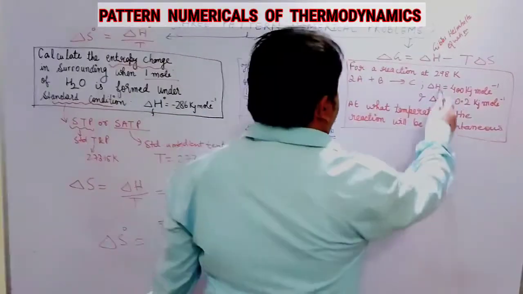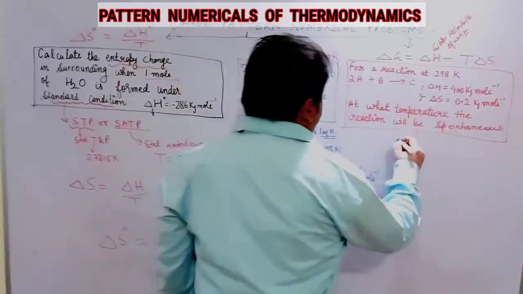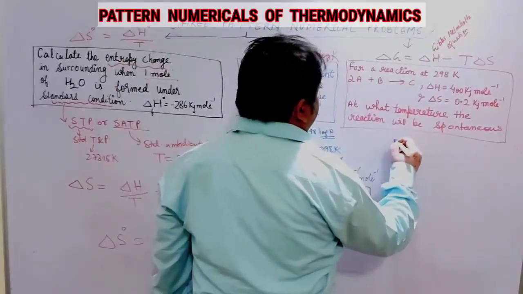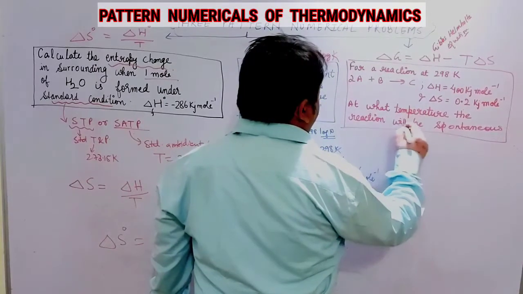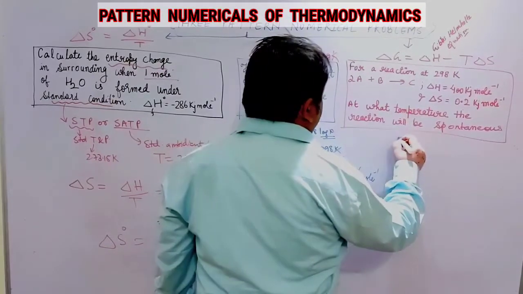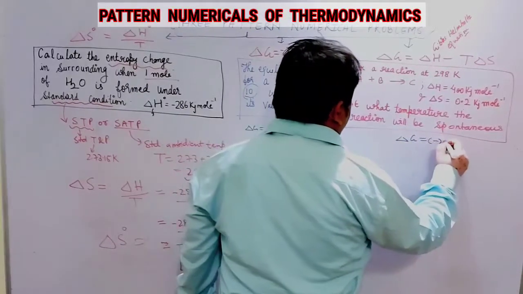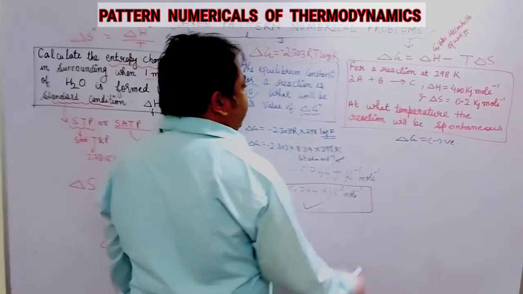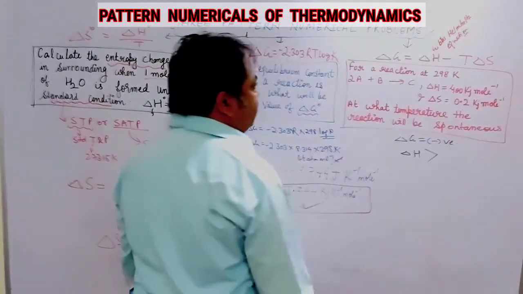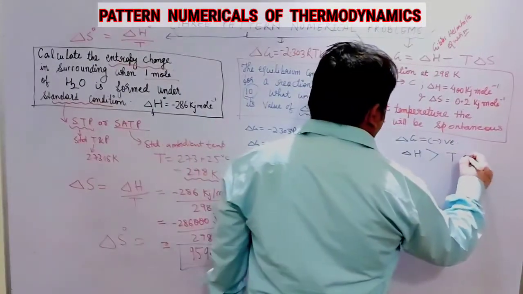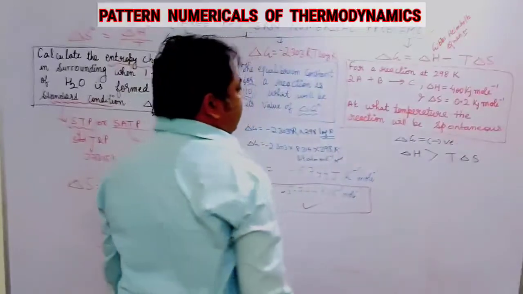In this, the value of delta H is given, delta S is given. If you know the formula, you will be able to do it. It is given that we have to find out whether the reaction will be spontaneous or not. The criterion of spontaneity is that delta G should be negative. Now delta G will be negative only if delta H is less than T delta S, so that their difference is negative.